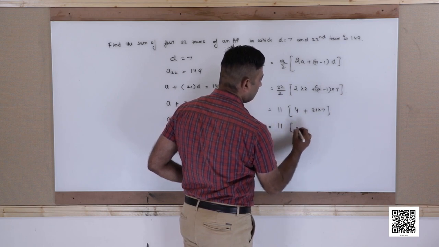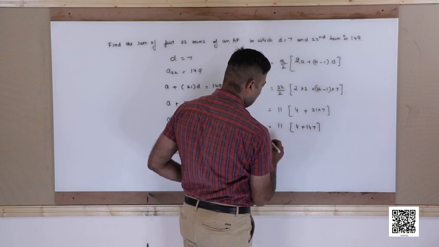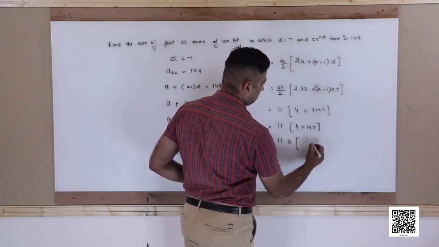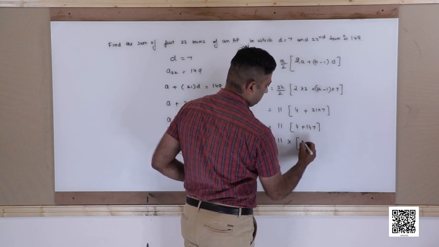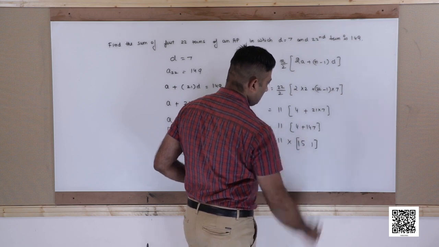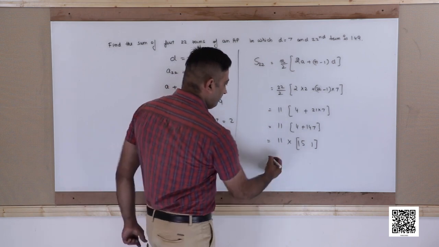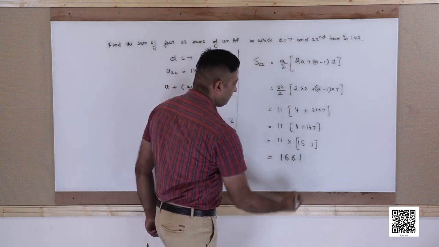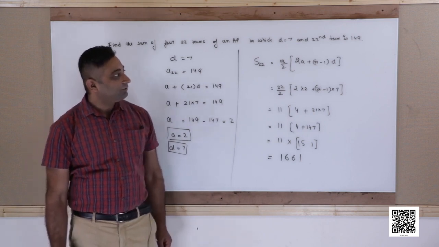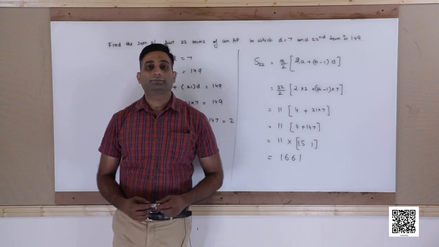That means 11 into (4 plus 147). That means 11 into 151. Now, answer will be 1661. Hence, the sum of first 22 terms of this AP is 1661.